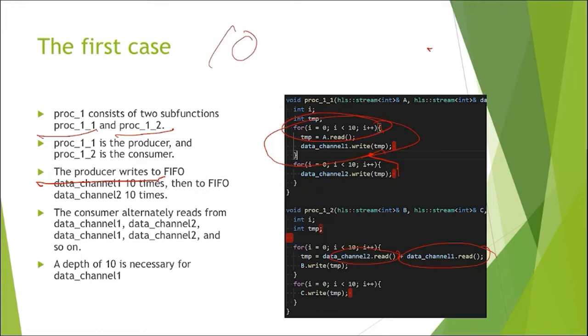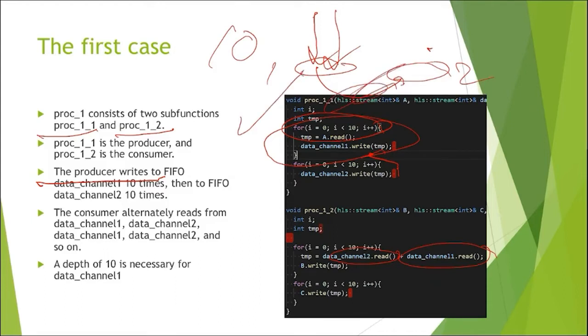Because if it is not 10, then when proc11 writes the data, okay, so this is channel 1 and channel 2, if proc11 writes data to channel 1 two times, then proc12 will read the data first from data channel 1, and then it will try to read the data from data channel 2.